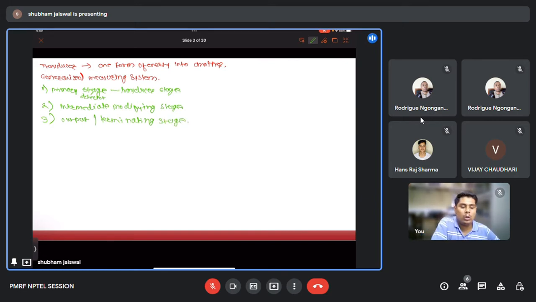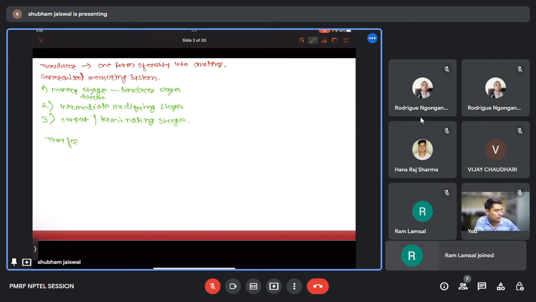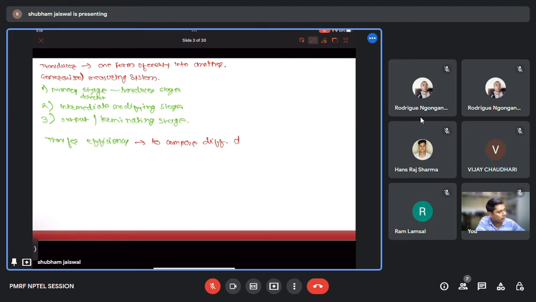After this, we have seen the transfer efficiency. Transfer efficiency is used to compare the different devices used in the first stage.